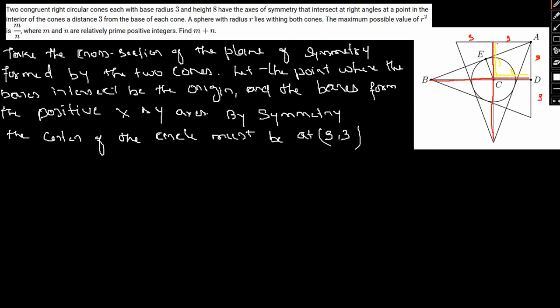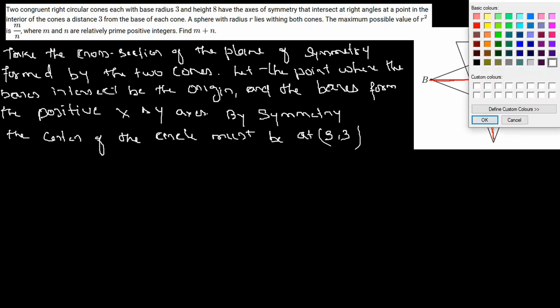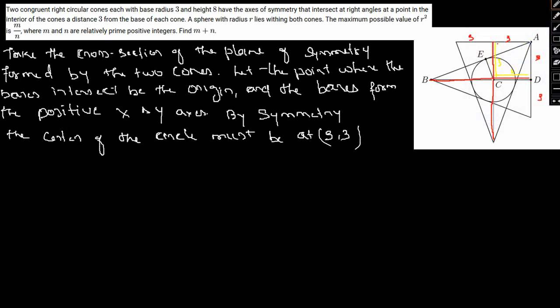So basically we are taking this particular point, where the bases intersect, as the origin itself, and we have inverted the figure vertically so that the center comes out to be (3, 3). We have simply inverted the same.